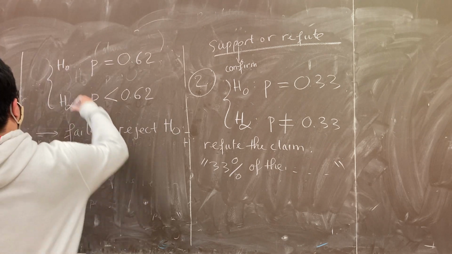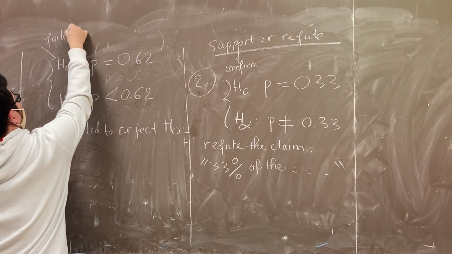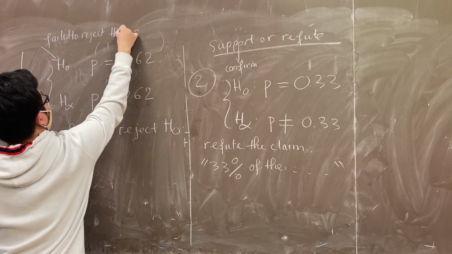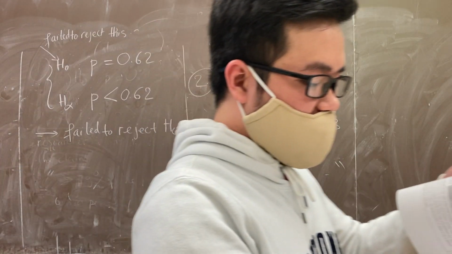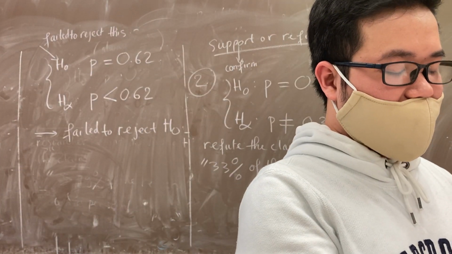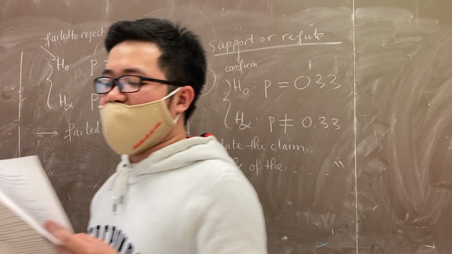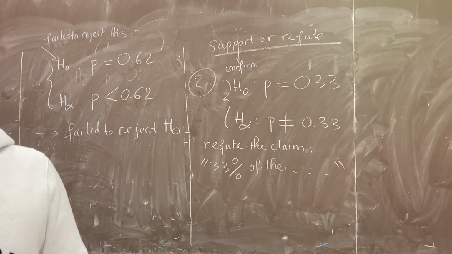They fail to reject it. So what does it mean? There is sufficient evidence that the percentage is less than 62%, or there is not sufficient evidence to say that the percentage is less than 62%. So what do you choose? Matu, please.